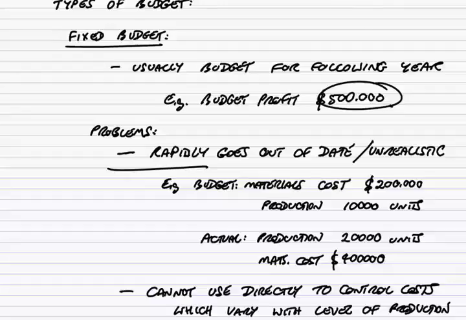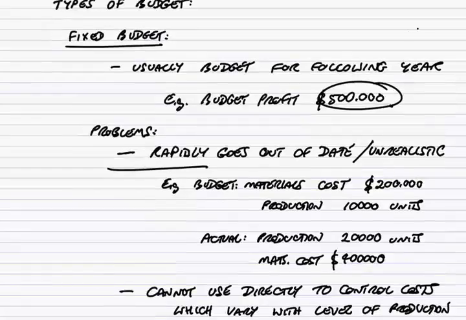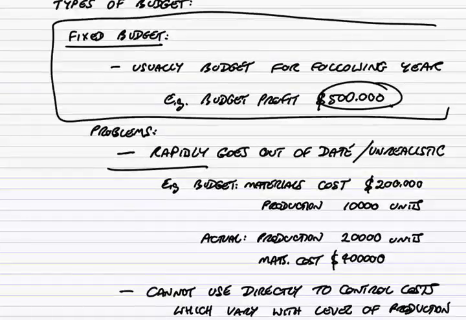The second problem, I hope obviously from my baby example, if you do end up producing twice as many, then if you're going to use it to control your managers, you need to adjust the budget for those purposes. So the problems are solvable, or we can deal with them, but the original fixed budget is just the original budget, which again, for these two reasons, we may need to do things with, but the original fixed budget is the one you initially prepare.